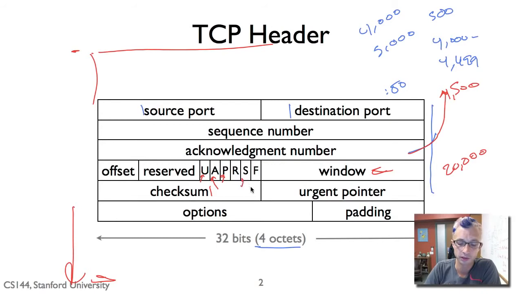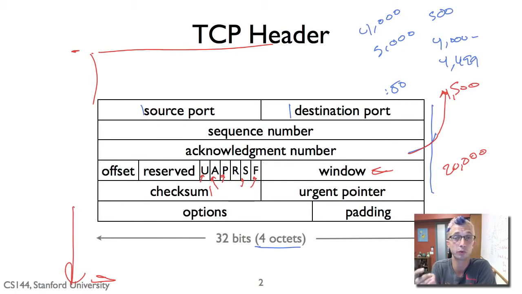The SYN and FIN bits are used to set up and tear down connections, respectively. So the SYN bit says, hey, this is my starting sequence number. Please synchronize to this number. When you first open a connection, you send a packet with the ACK bit not set, but with the SYN bit set, and then a sequence number.